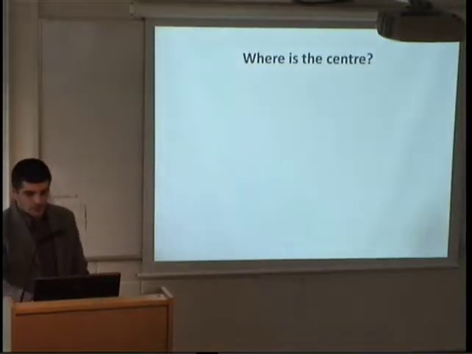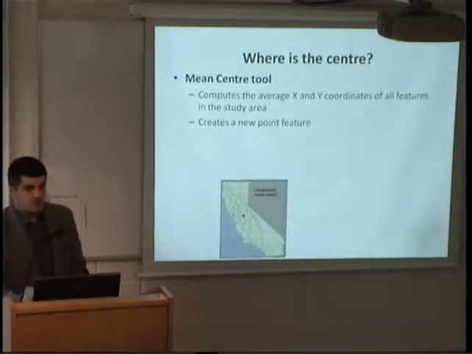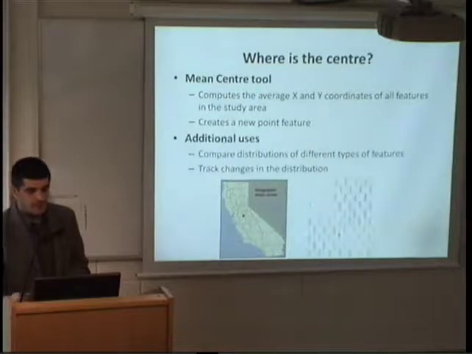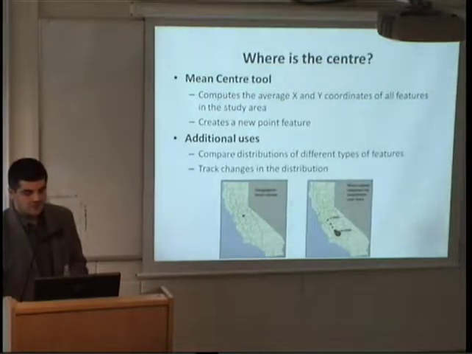Another question which we can ask is, where is the center? There is a special tool available in GIS called the Mean Center tool. It computes the average X and Y coordinates of all features in the study area and creates a point which is located in the exact geographic center of your features. But you can have another use of this kind of tool. For example, you can compare distributions of different types of features or track changes in the distribution.